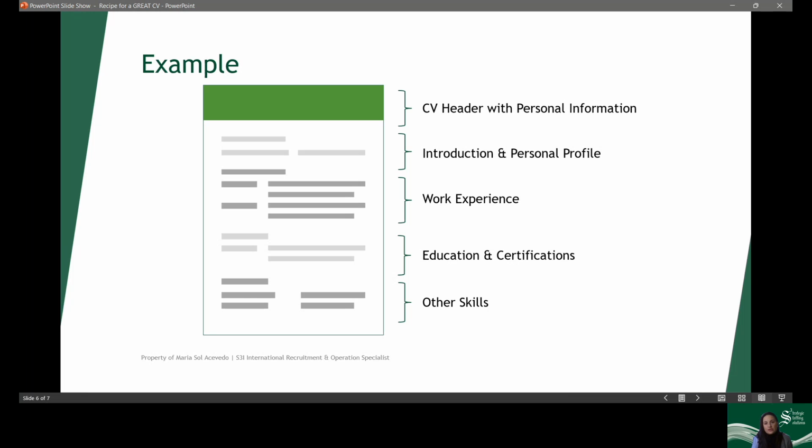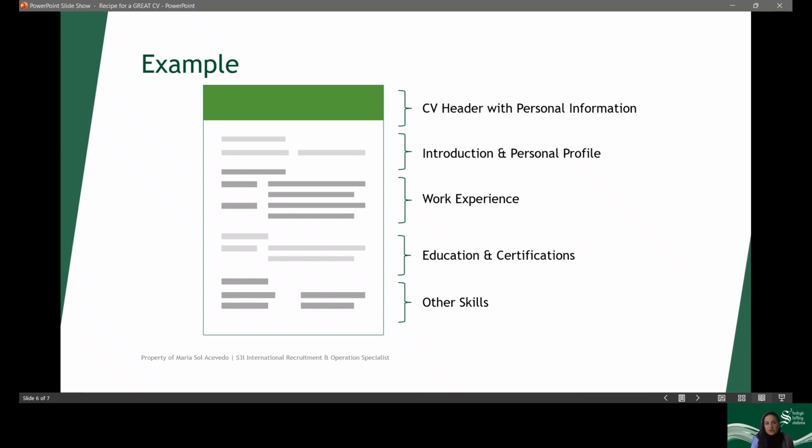After this, we'll put our introduction and our personal profile, which is related to our personal and professional goals, our skills that we want to list, our technical skills, and any highlight that we want to share, any accomplishments that we feel are relevant and very important to know from the beginning for someone who reads our CV.